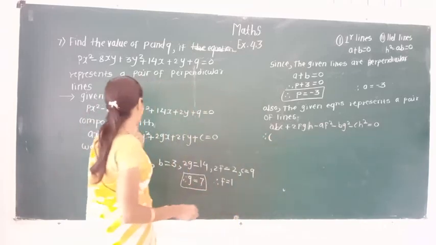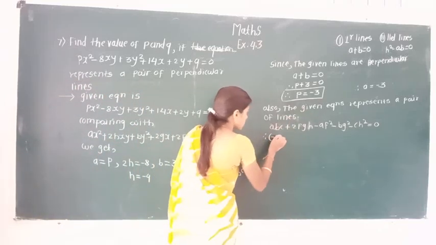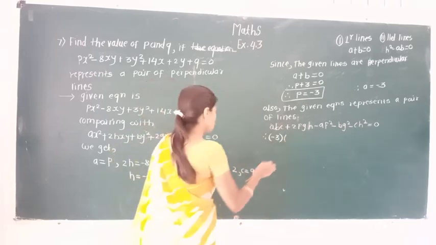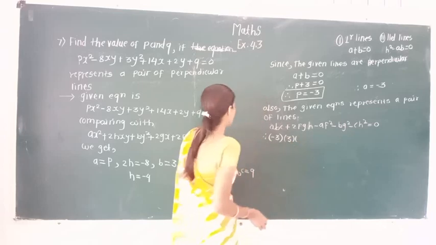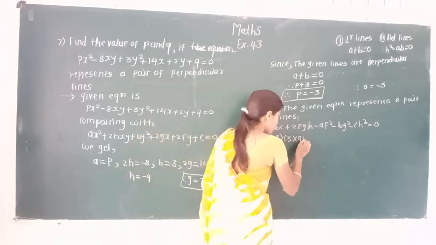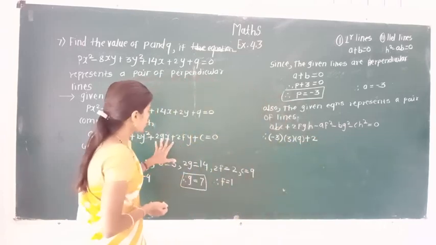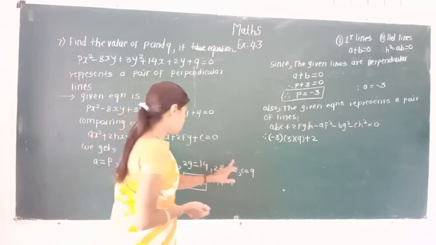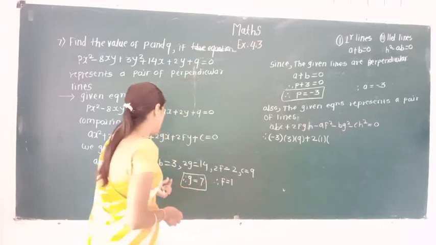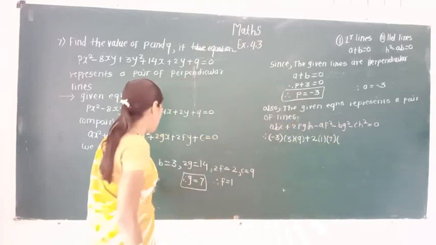Value of a is here p, but we found the value of p is here minus 3. Value of b is here 3. Then value of c is the constant, and value of c is here q, plus 2 times value of f is here 1. Then value of g is here 7. h is here minus 4.